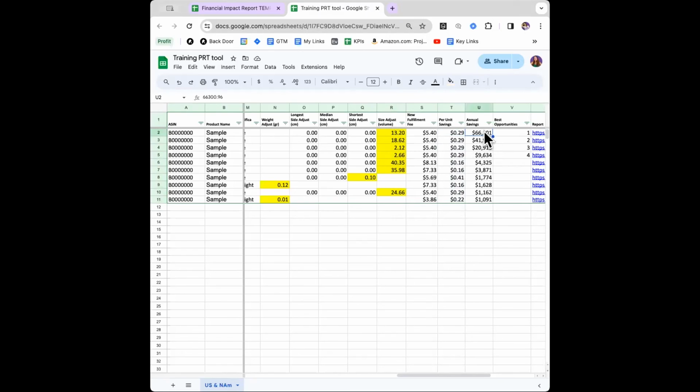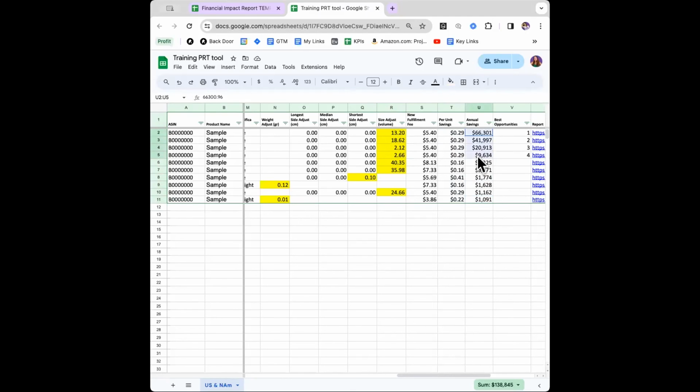And then we look at your sales for the last year so that you can see the financial impact for a year's worth of sales, so that you're focused not just on changing the product, but on changing the products that will have the biggest impact, right? $66,000 a year in savings is much more enticing than $1,000 a year, right?